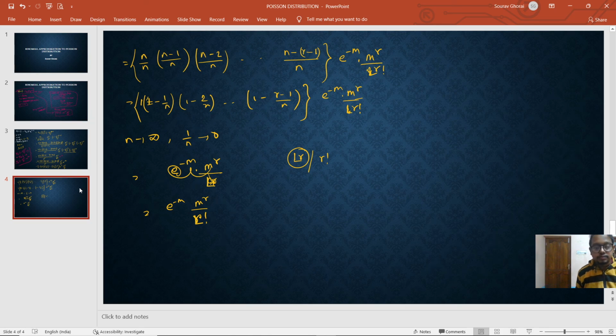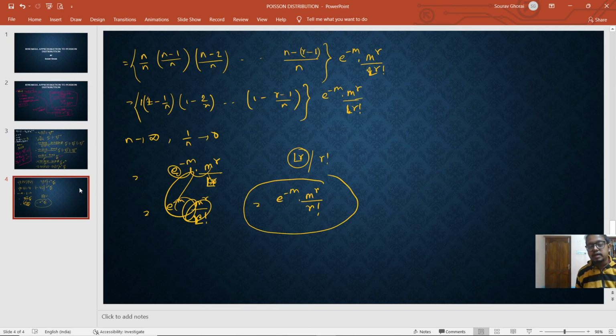So from here we can write e to the power minus m into m to the power r by r factorial.